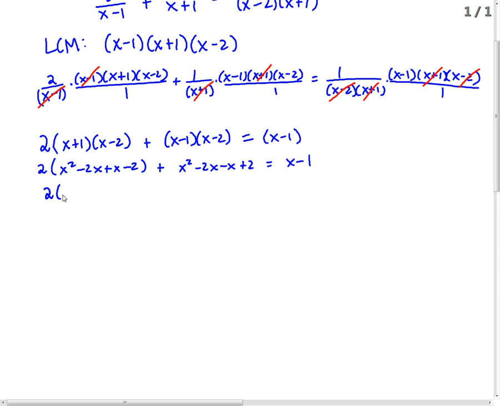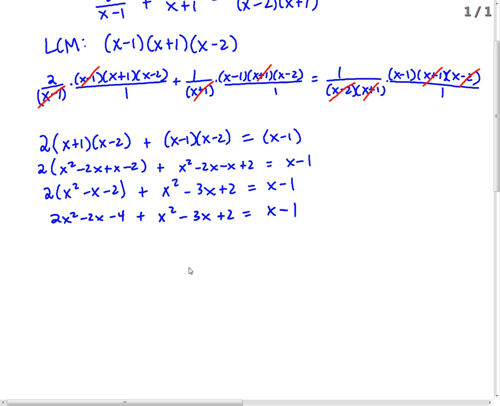So this is 2 times x squared minus x minus 2 plus x squared minus 3x plus 2 equals x minus 1. Distributing this 2, I get 2x squared minus 2x minus 4 plus x squared minus 3x plus 2 equals x minus 1.